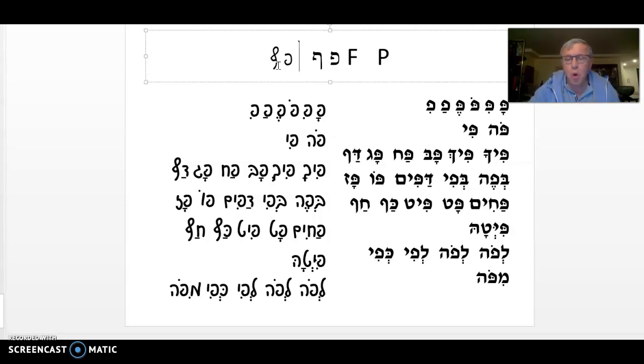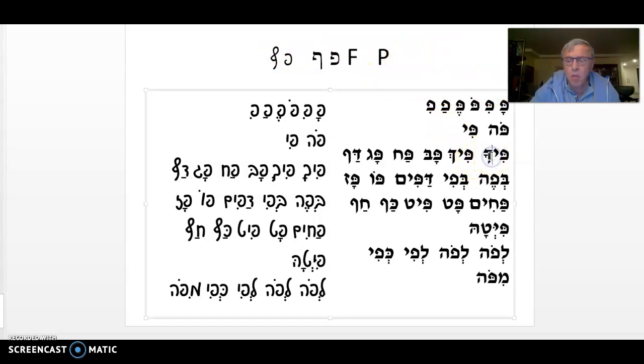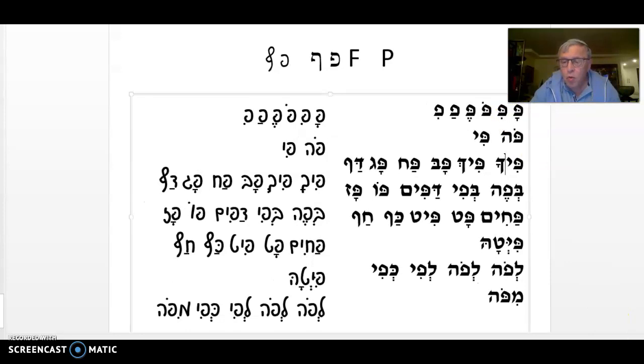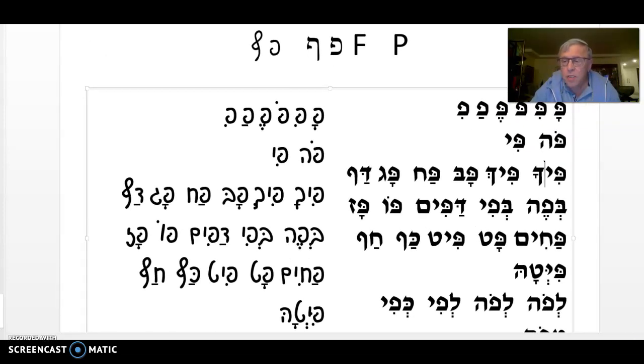I will now practice the Peh letter with you, expanding from single letters to syllables or actually full words. Let's look carefully at the vowels underneath the Peh, and I'm going to enlarge this so you could see it better. So we have pa, pi, po.